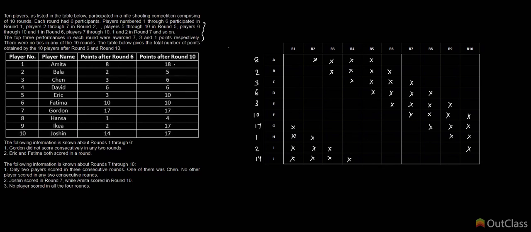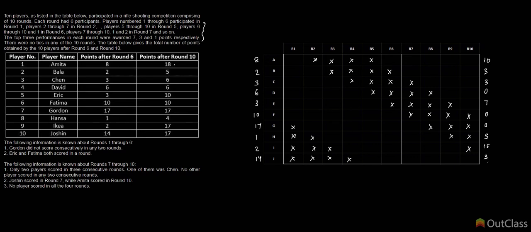So that is a cumulative number. We need to subtract 18 minus 8 to get the total number of points that A scored in the last 4 rounds. So that is 10, 3, 3, 0, 7, 0, 0, 3, 15, 3.